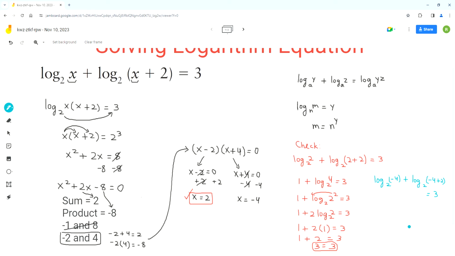Now, as I mentioned earlier, log doesn't exist for a negative number, so this term here becomes undefined. So that means the second solution, x equals negative 4, is an invalid solution or an extraneous root. So the only valid answer here is x equals 2. This should be the final answer for this log equation.